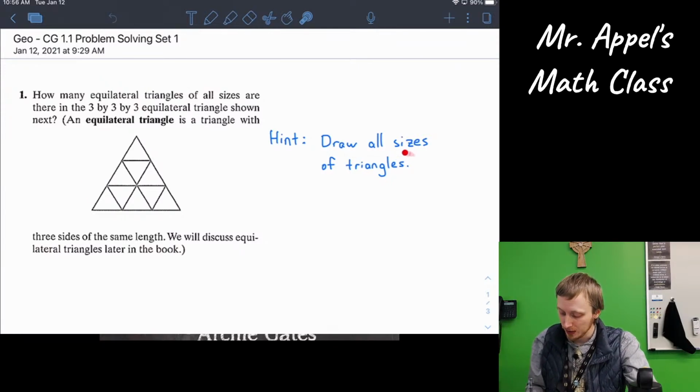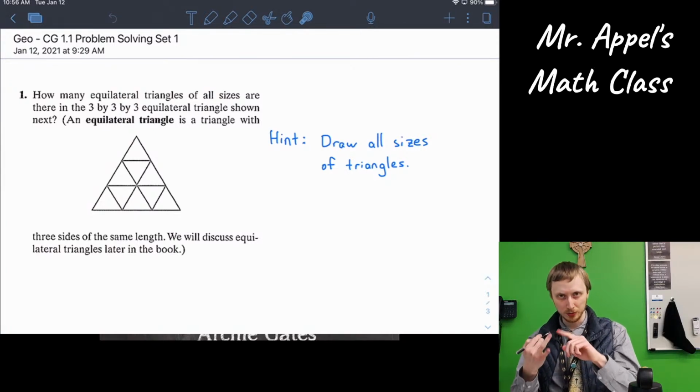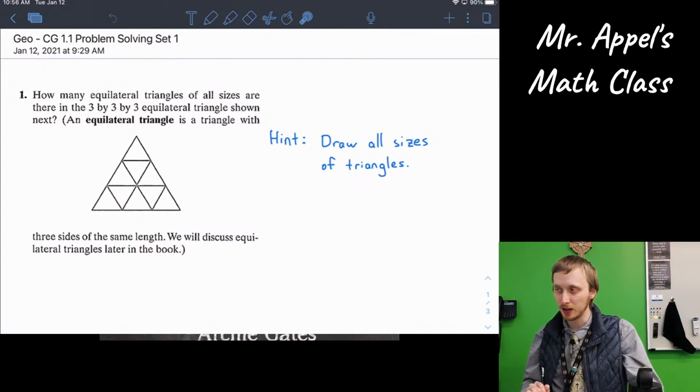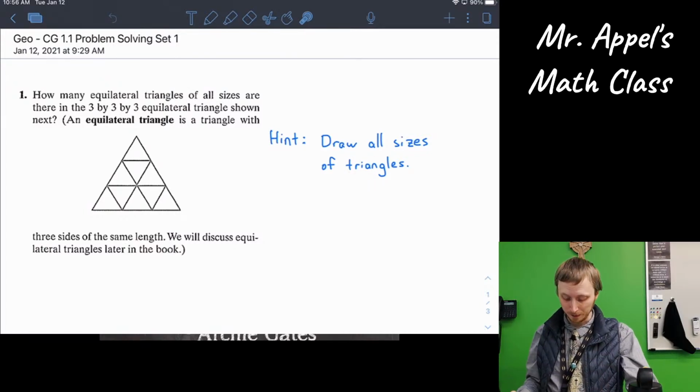So my hint for you is much like we did with the squares, the 3 by 3 squares, I would say start by sketching out the 3 possible sizes. Spoilers, there's 3 sizes, right? A 1, a 2, and a 3, right? All the sizes of triangles so that you can better keep track of them as you count.